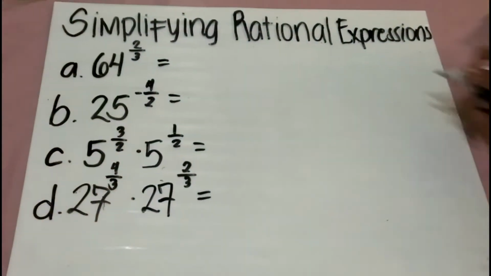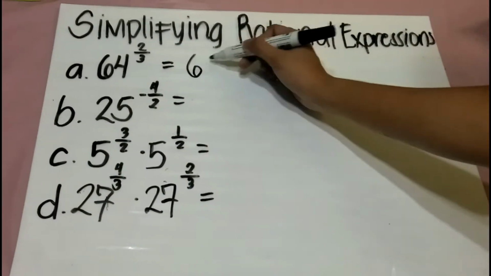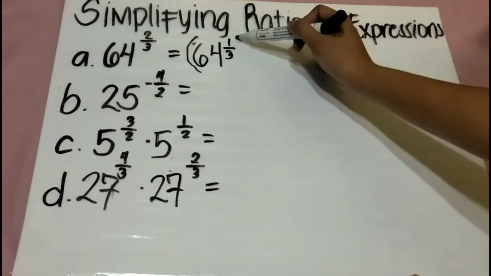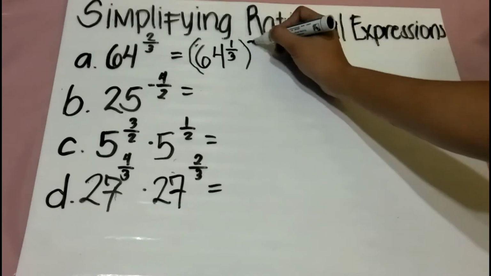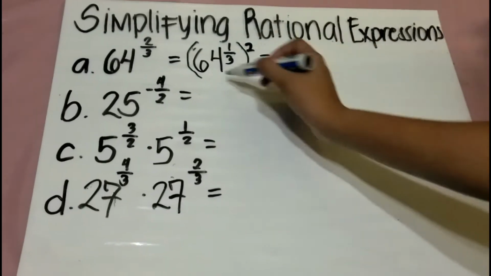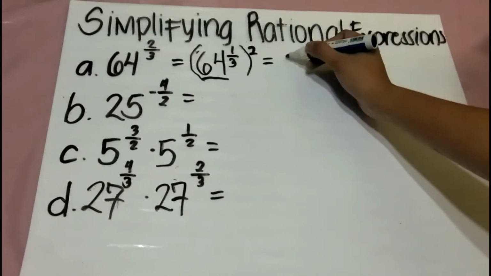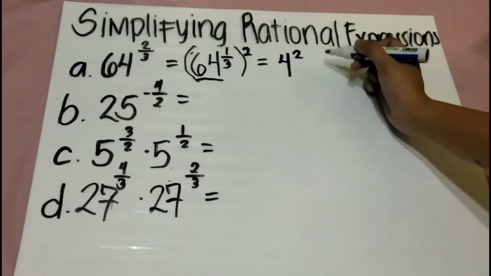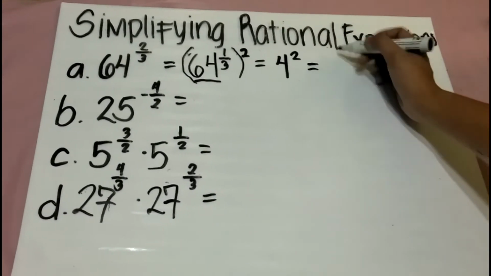Now let's move on to simplifying the rational expressions. First, we should write 64 raised to 1 over 3, then raise it to 2. We should find the cube root of 64, which is 4, then raise it to 2, equals 16.